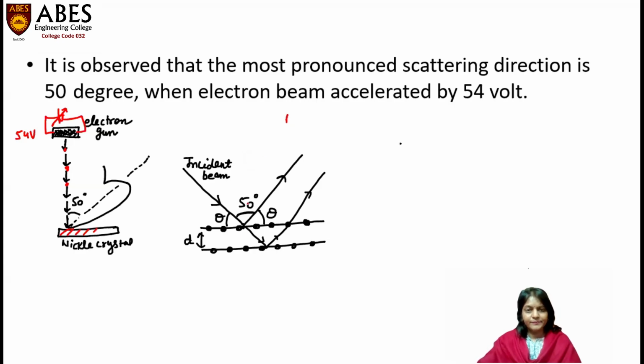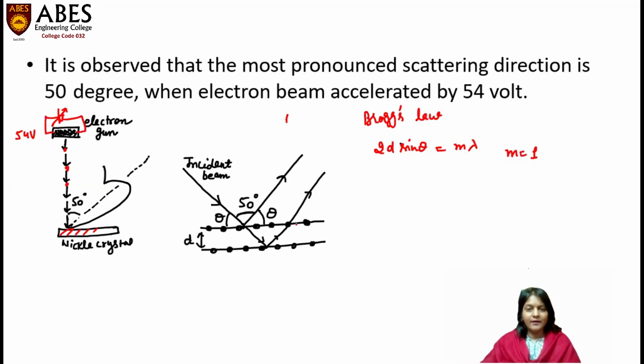According to Bragg, the atoms of the crystal lie in planes in a regular manner, and the incident beam is diffracted by the atoms. Suppose this is the angle of 50 degrees at which the electron beam is diffracted. This is the glancing angle theta. Bragg's law, which is derived from the diffraction equation, is 2d sin theta equals m lambda, with m equal to 1.